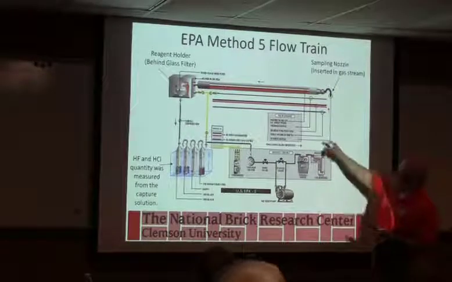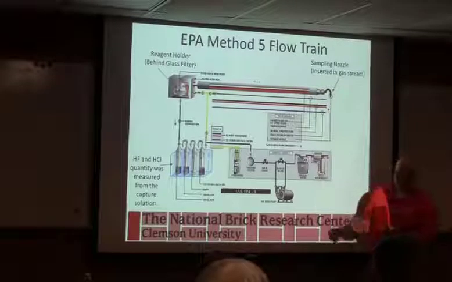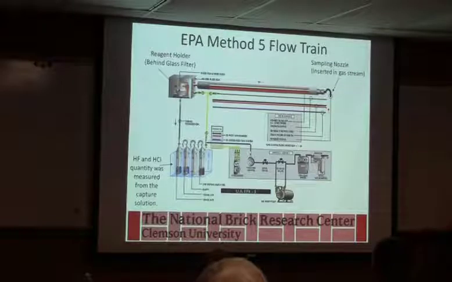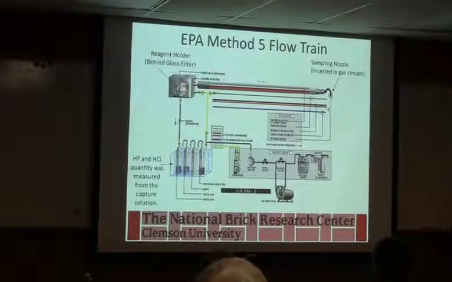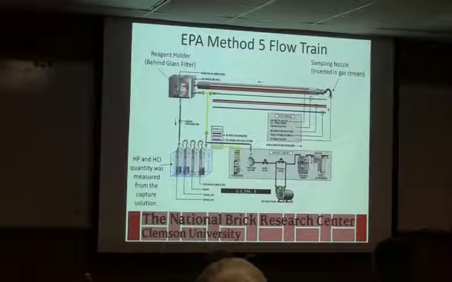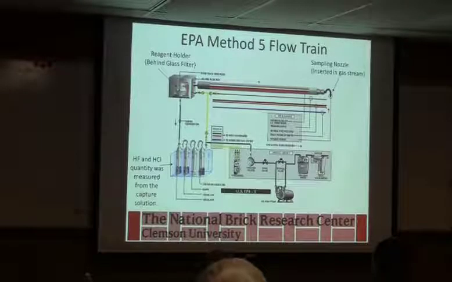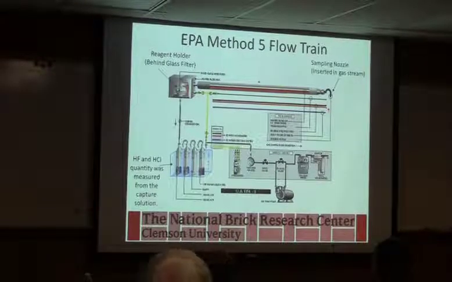What you're trying to do is draw the gases when you're doing particulate. So I've got my nozzle in the stack, and I've got particles flowing past. I'm trying to sample them at the same rate they're flowing past.